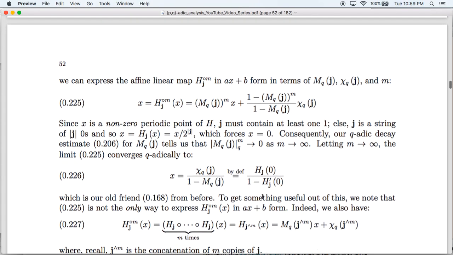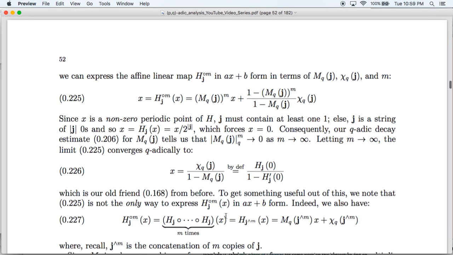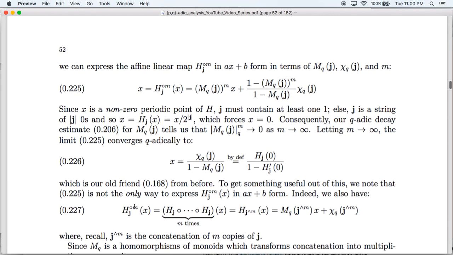So to get something useful out of this, we note that this is not the only way to express this composition sequence in ax plus b form. Instead of using the Taylor series, we can use the concatenation. H circle m of bold j, applying that map m times, is the same thing as applying the map h bold j to the wedge m.